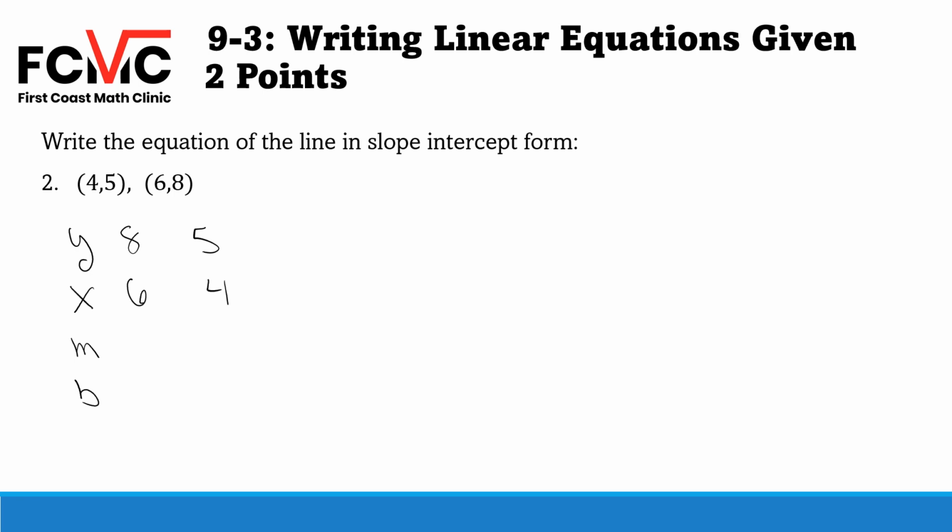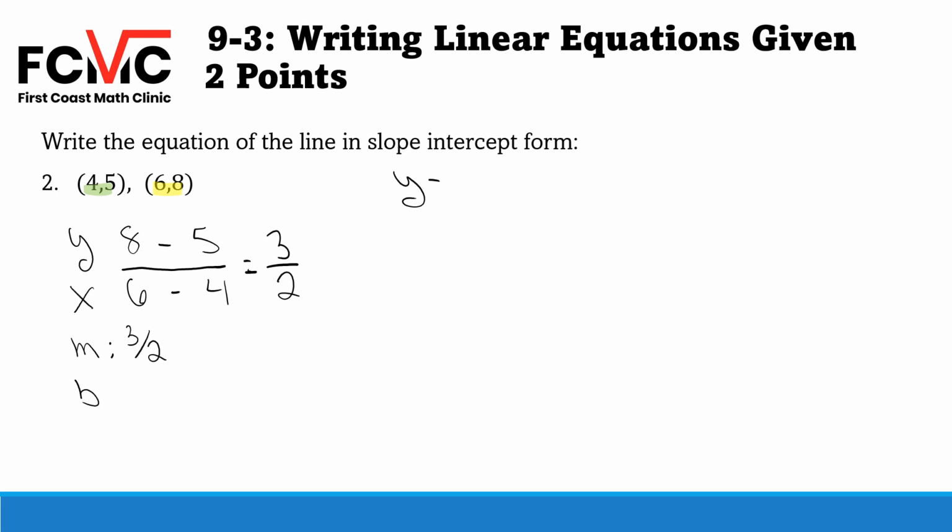Remember, we have to list the same values in the same ordered pair. So I'm starting with 6 and 8, and then 5 and 4. All right, so I want to be consistent. So now, once I have that, I could draw my fraction bar, minus, minus, and we get 3/2.